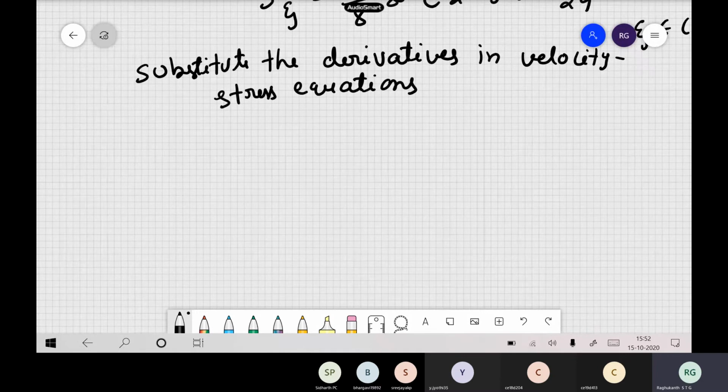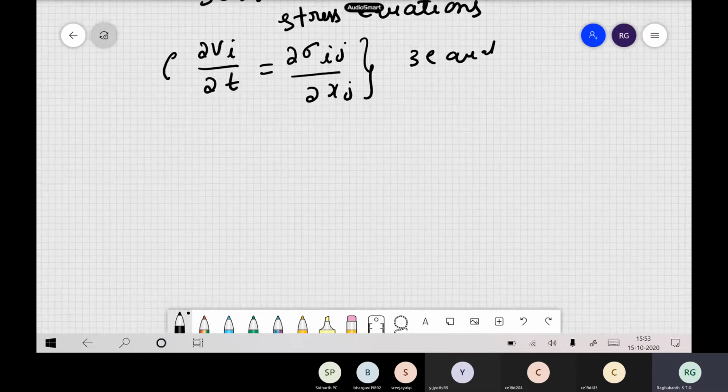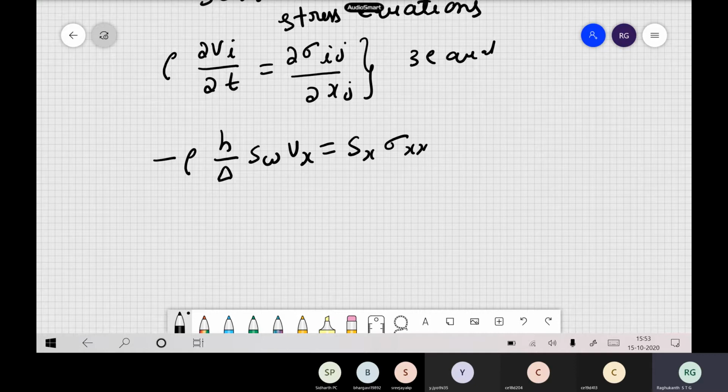So first the velocity equation, that is ρ ∂vi/∂t is equal to ∂σij/∂xj. So these are 3 equations. Now you substitute all those terms. What happens is minus ρ h/Δ s_ω into vx equals sx σxx plus sy σxy plus sz σxz.